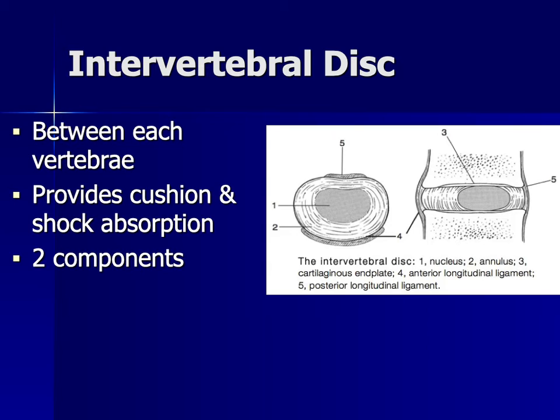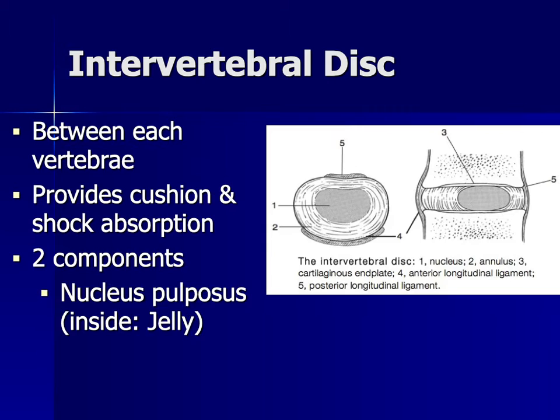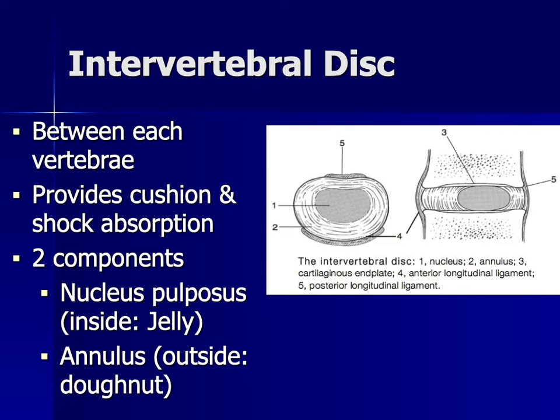So if you look at the picture on the right of the two pictures, the inside or the jelly portion of the disc is the nucleus pulposus. I call that the jelly. And then the outside of the donut or the disc is the annulus. So that's the donut portion of it. And so that's our disc.